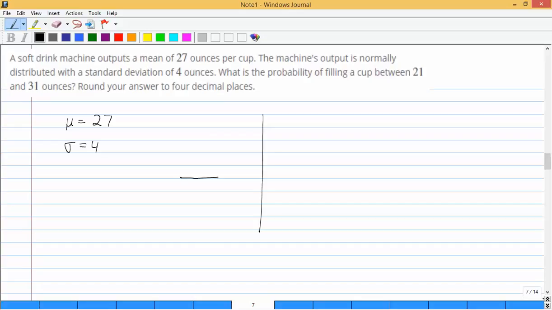So what I need to do is figure out a z-score for both 21 and 31. I'm going to denote this z-score z sub 21 just to keep me straight. So this z-score is going to be x minus mu, so 21 minus 27 divided by 4.